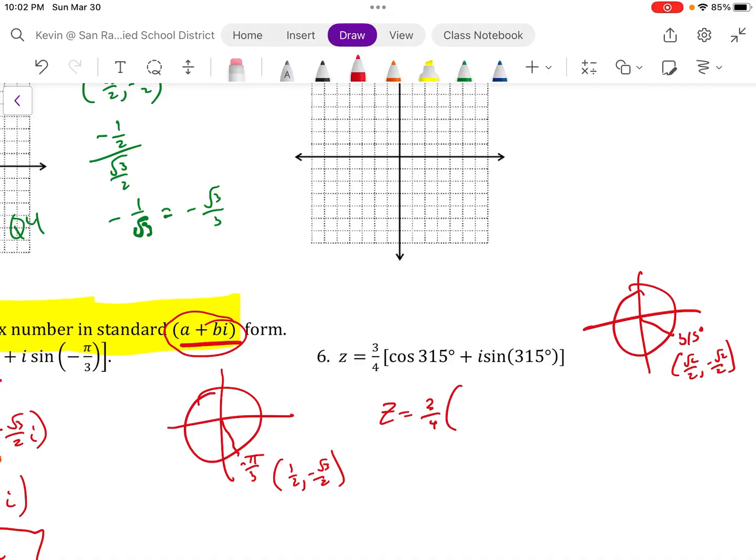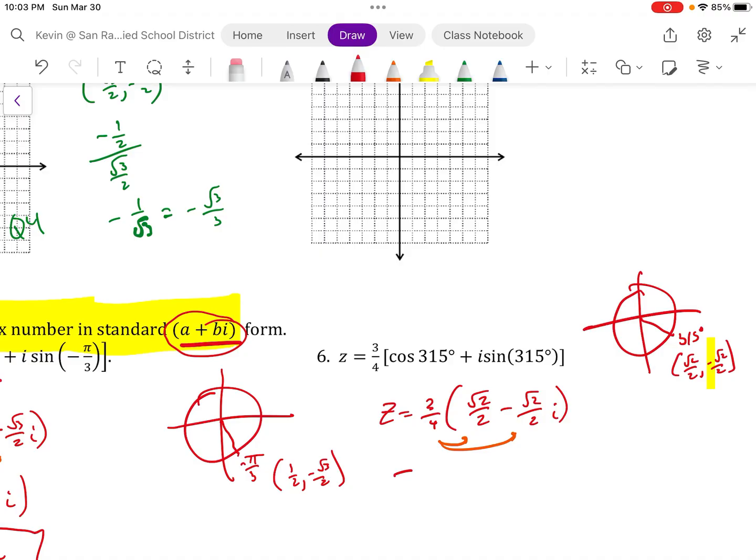So Z equals 3/4, and we're going to do root 2 over 2 plus negative, so minus, root 2 over 2 i.